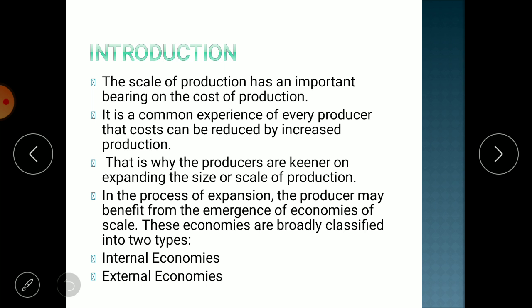Every entrepreneur, every industrialist knows that if they expand the business, their cost will reduce. Moreover, as the size increases, the credit worthiness in the market will improve, and they will be able to sell at a lower price, and their market share will expand. So many benefits are there when you are expanding the size of the business.